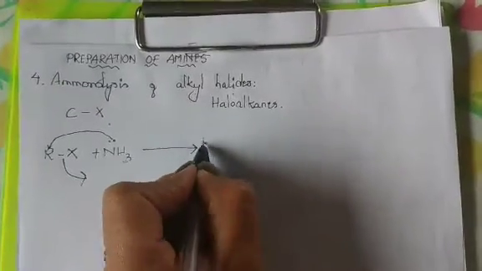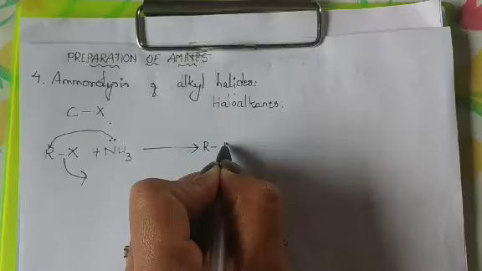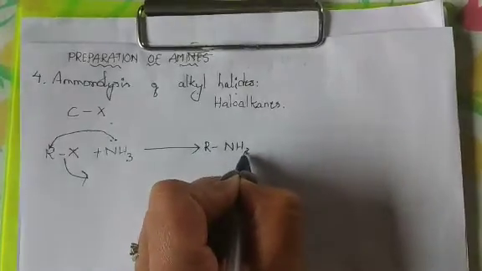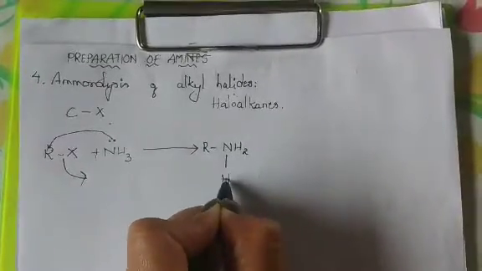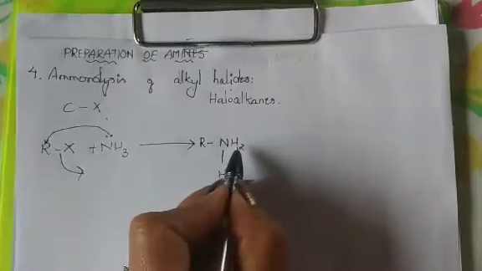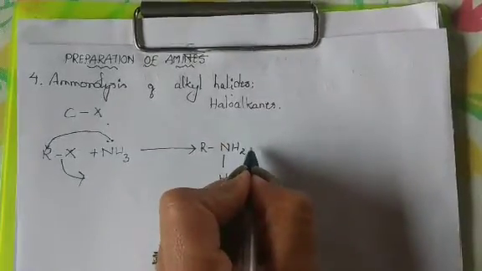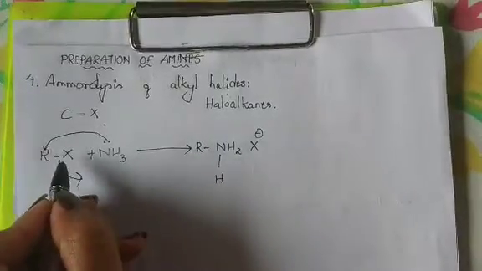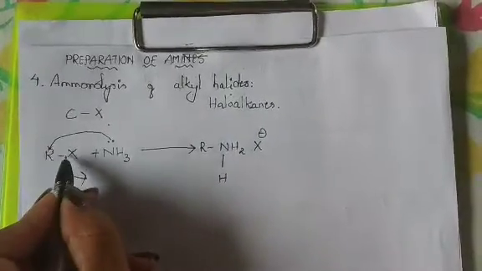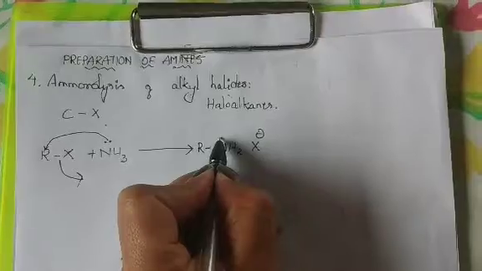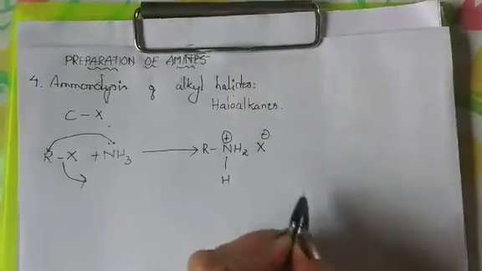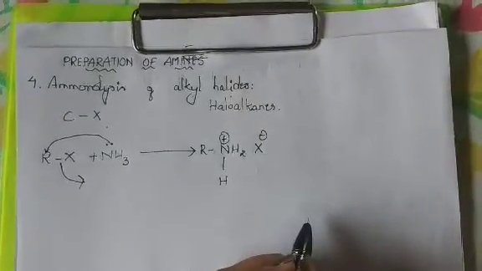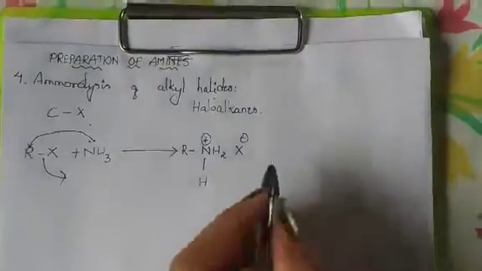Therefore, we get R NH3, with three hydrogens, and X negative because it leaves along with the bonding electrons, and nitrogen becomes positive.